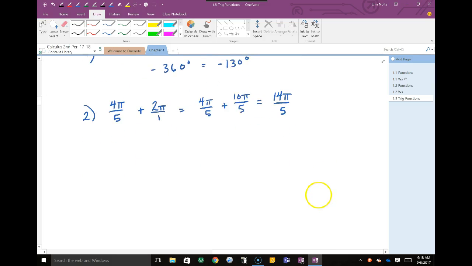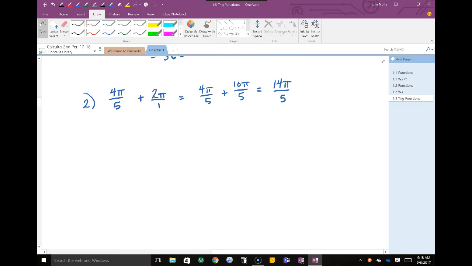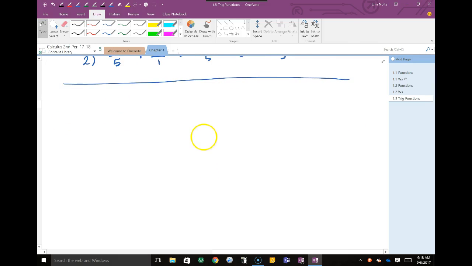Second half of this is finding exact values of our 6 trig functions. So, do you remember your 6 trig functions? Okay, so we have sine, cosine, tangent, and then we have the ones that are the reciprocals.